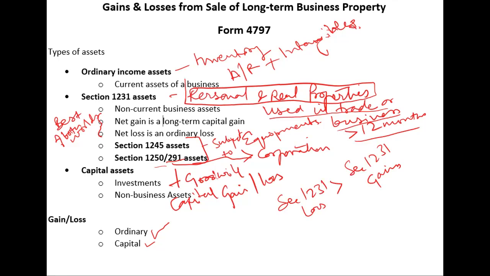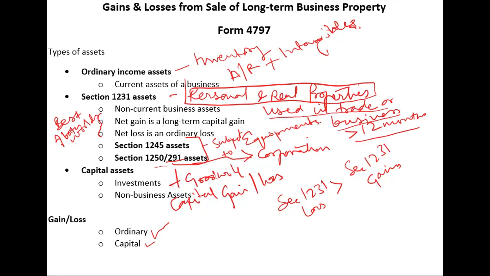So you do not need to carry over the undeducted loss to other years. However, for a corporation, capital losses may be deducted only to the extent of the capital gain, and the balance may be carried back 3 years or carried forward 5 years.